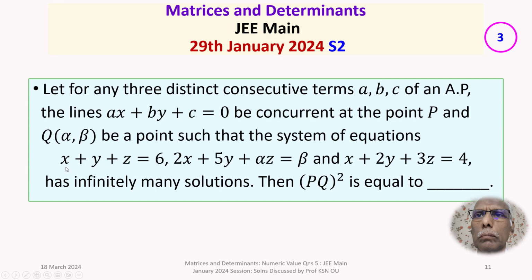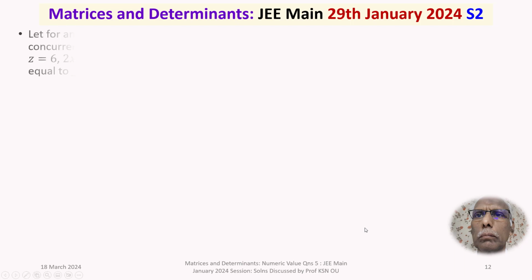And it is given a system of 3 equations in 3 unknowns involving alpha and beta, and Q alpha beta means that alpha and beta are taken in such a manner that this system of equations has infinitely many solutions. Then you know Q alpha beta and the coordinates of P, and find out the distance between P and Q and its square. So that's the question. Let's move to the solution.